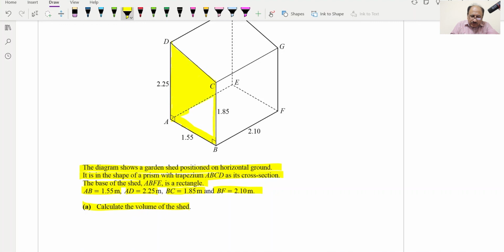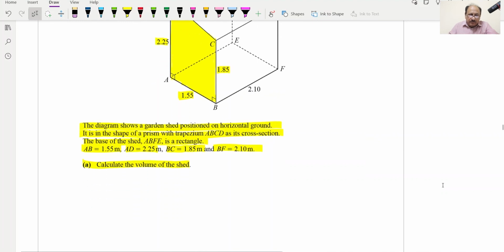So this is the face area which we will be finding. So we have perpendicular height which is 1.55, and these two sides are the parallel sides, a plus b. So we can write the formula for the area of a trapezium.